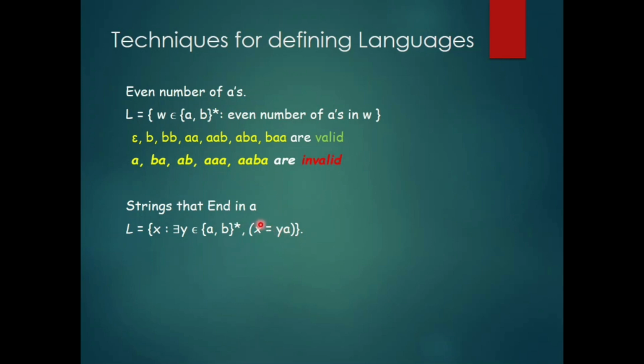X is a valid string which is made up of the concatenation of Y, which can be any combination of A and B, but it compulsorily ends with the character A at the end, right? So I can say strings that end in A. So these are the valid strings, and these are some of the invalid strings. Even epsilon is an invalid string because it doesn't end with A, right?